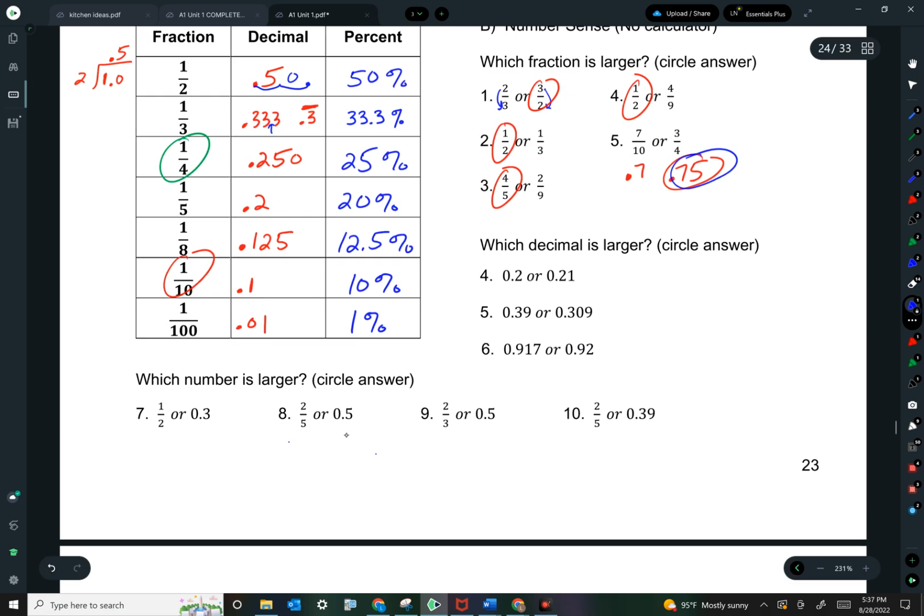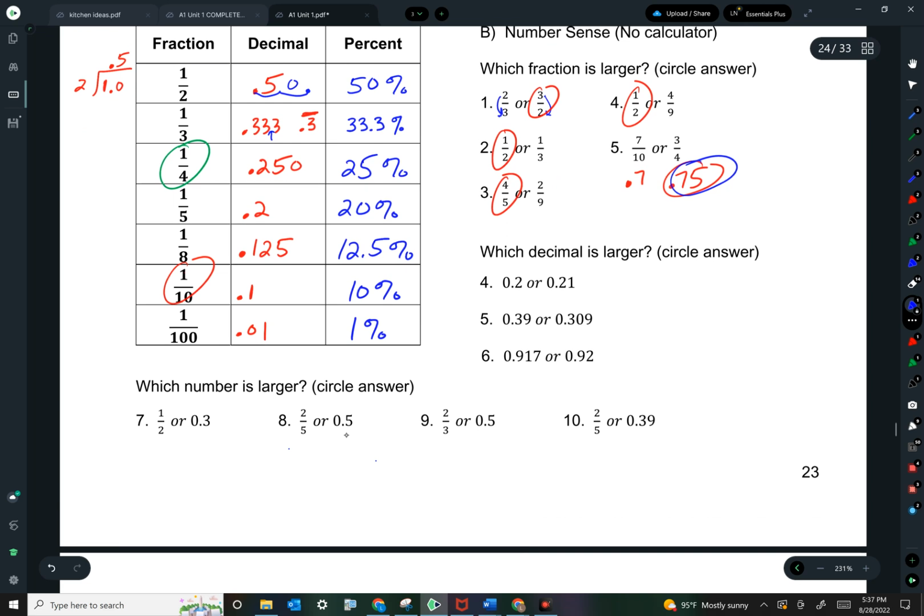Okay, which decimal is larger? Well, remember we said if you can just look at the whole numbers, great. But notice on all of these, the whole number is 0. So that means I have to look at the numbers to the right. Well, start comparing them one by one. So first we compare the first number, 0.2 to 0.2. Oh, that's the same. And notice 0.2, if there were another number here, it would be a 0. So now we're comparing 0 to 1, and definitely the 1 is larger.